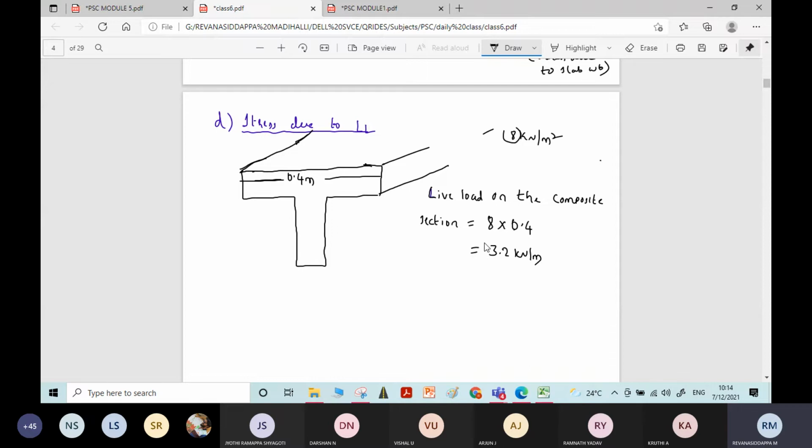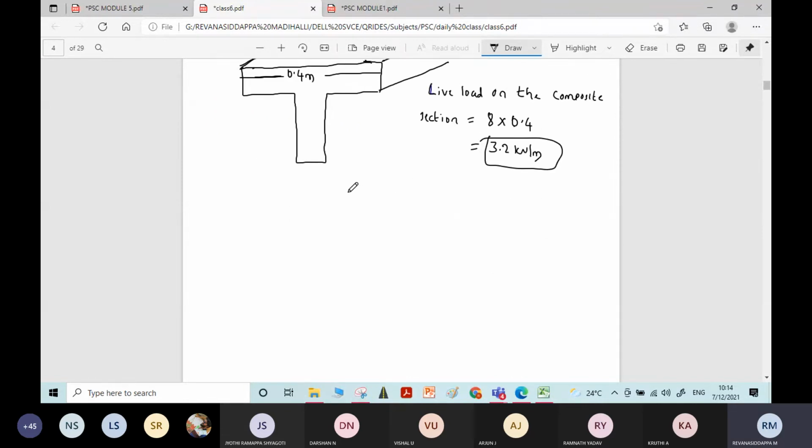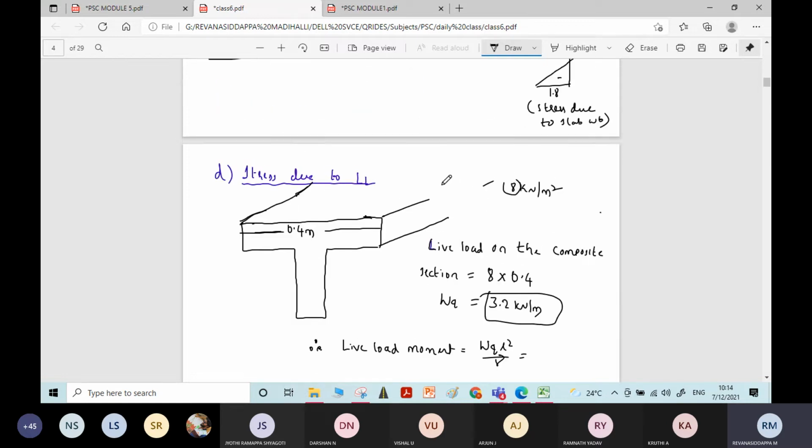The total length of the beam is known. It is 5 meter. Now you can calculate live load moment, correct? This is WQ, live load intensity. Therefore, the live load moment is equal to WQ L square by 8.